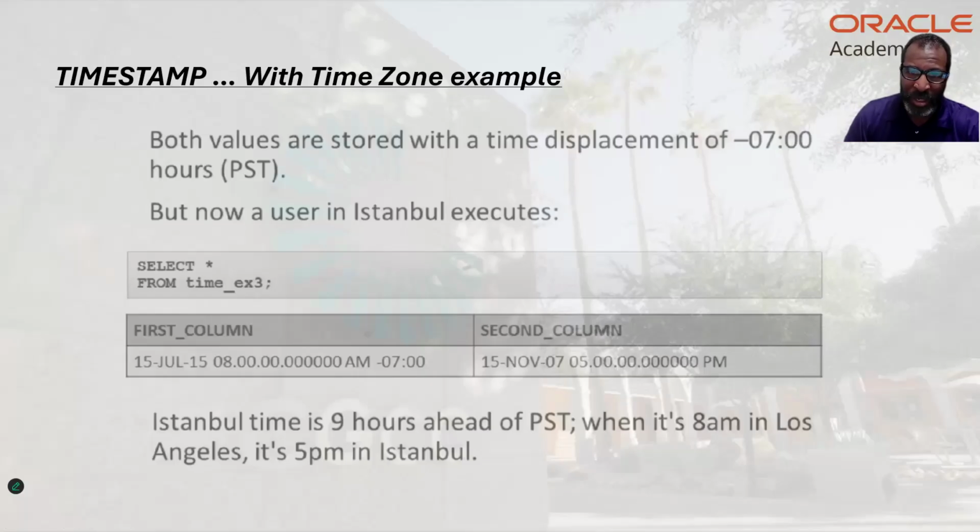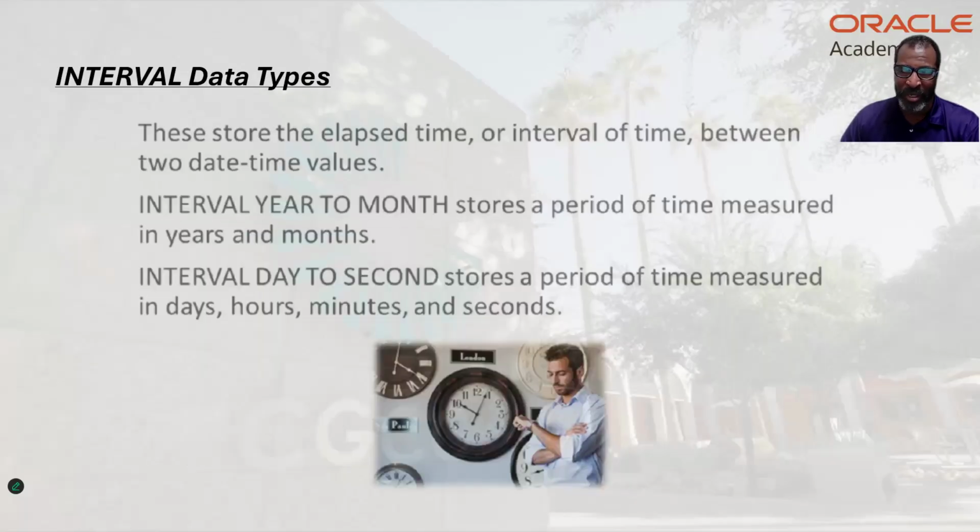Both values are stored with a time displacement of -7, which is basically our, well, we're Mountain now, but if we have a user in Istanbul that will execute this, it will come out different. Because we know that Istanbul is 9 hours ahead of Pacific. When it's 8 a.m. in LA, it's 5 p.m. I know this is all very useful, but it's just another way of representing value or data, if need be, in our table.